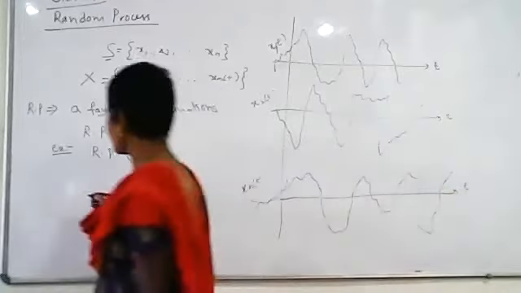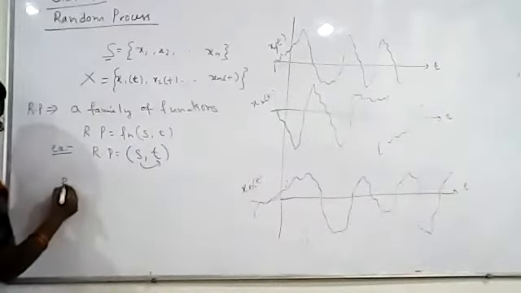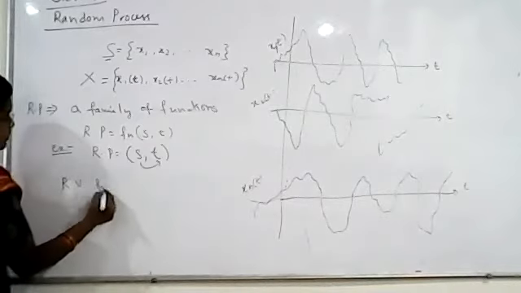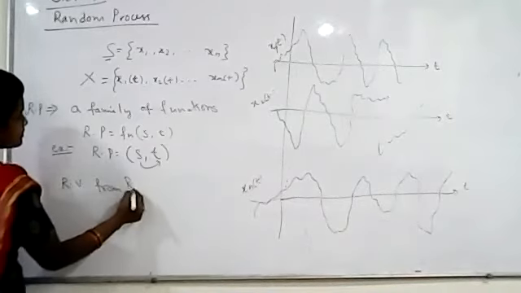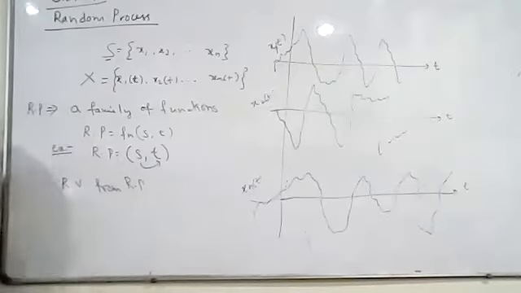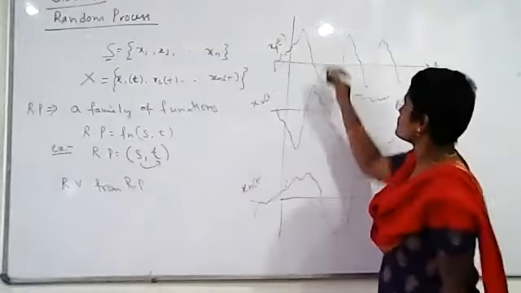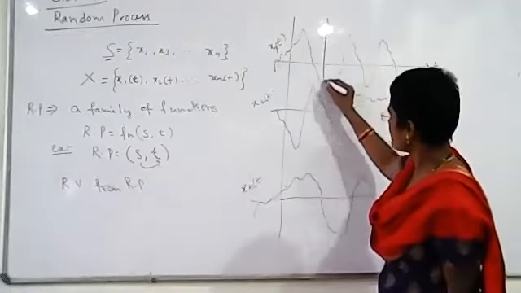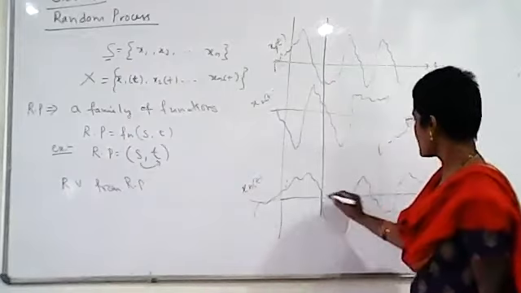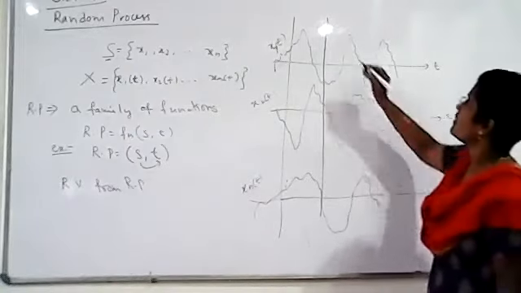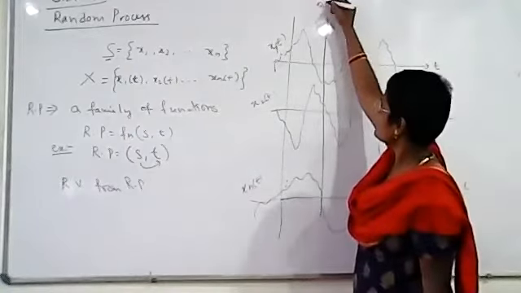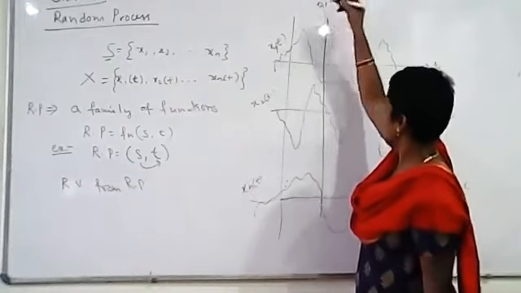So how do we obtain random variables from a random process? For example, you fix time t1. This is your time axis. We fix time t1 and measure the signal value.